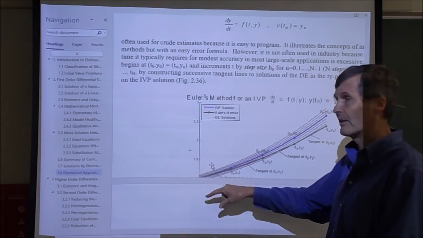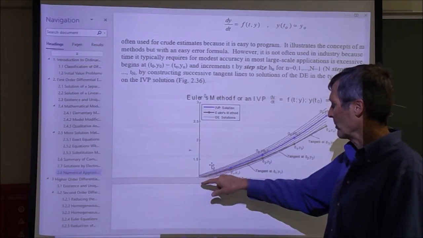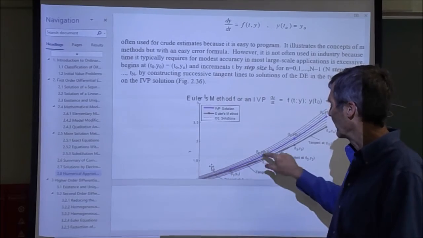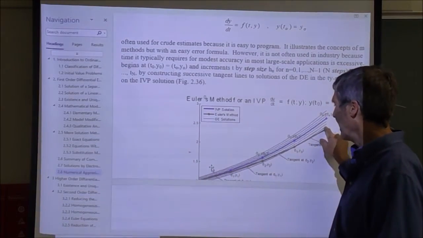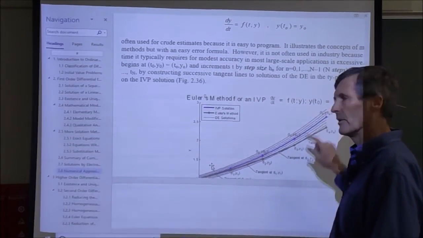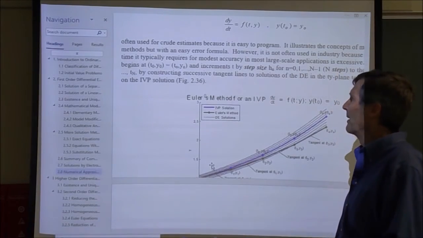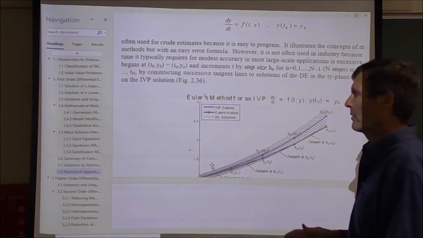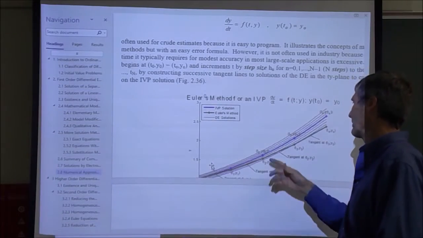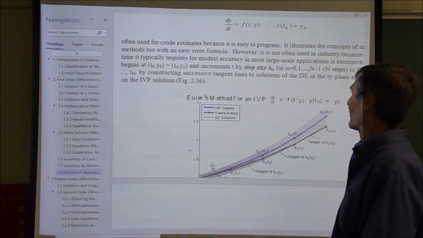So Euler's method doesn't give you a function, it gives you a bunch of points. It gives you this point, this point, this point, this point, and this point, estimating these points in the actual solution. And so this is a numerical method, a number crunching method to estimate points on the solution curve by this algorithm.